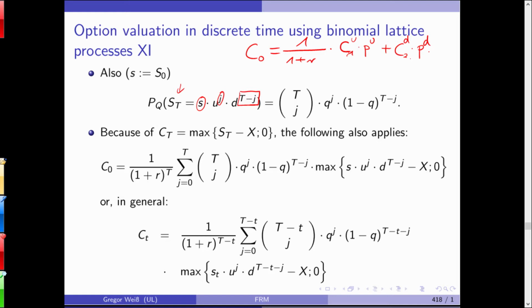But in this case we have a multi-period model. So we have to take the sum of j starting with 0 up to t. This is the probability, this is P times, and this is the payout, let's call it E. And this here is just the sum of the probability times the payout.